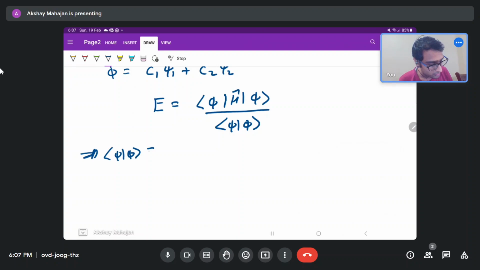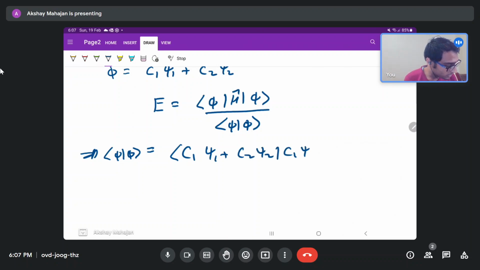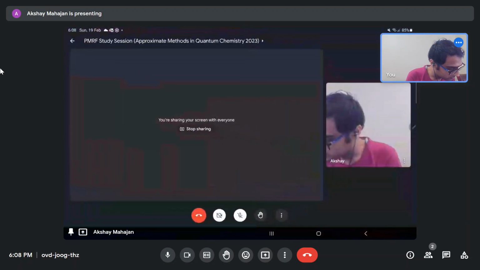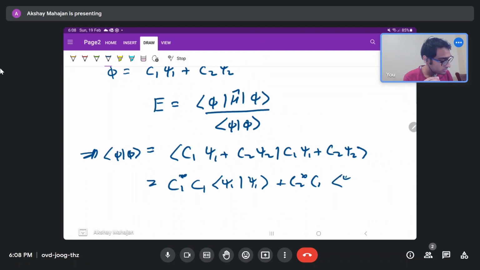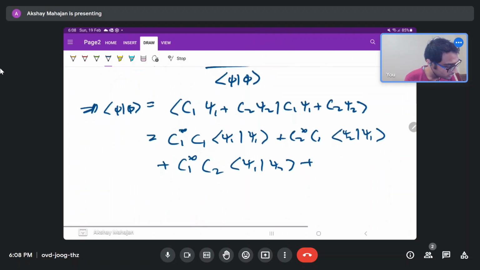If you write phi as C1 psi1 plus C2 psi2, the denominator gives C1 star C1 psi1 psi1 plus C2 star C1 psi2 psi1 plus C1 star C2 psi1 psi2 plus C2 star C2 psi2 psi2.